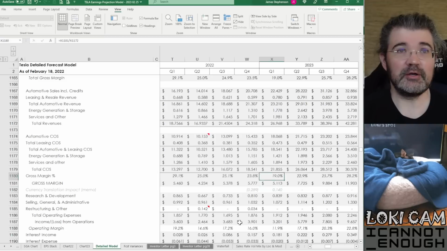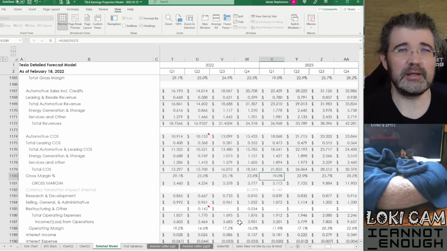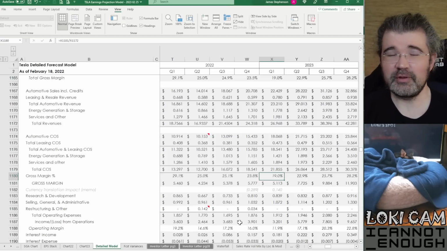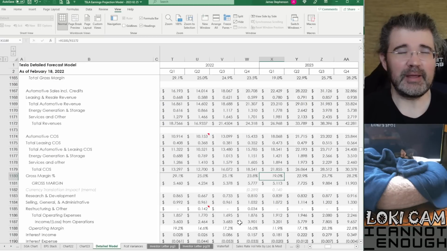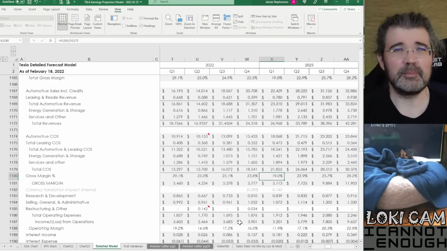So not a record there, but there will be a record at the top line. Again, owing to some inefficiency from not getting as many production weeks in Q1, and then the price cuts not helping matters. So you're still shipping lots of units, record number of units being shipped. So your costs are still pretty high, cost of sales.